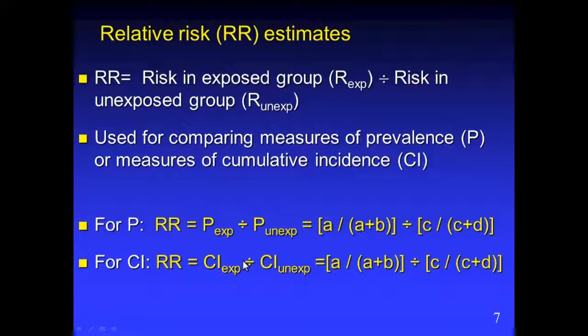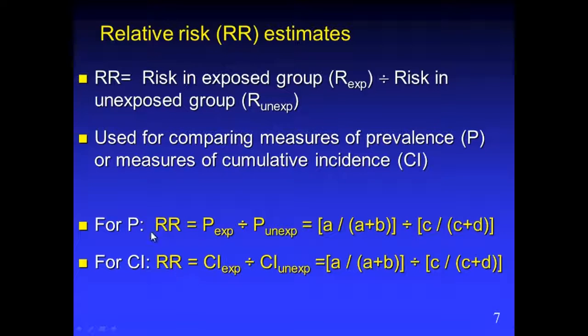Now, our relative risk estimate is usually very simple conceptually. It involves the division of the risk in the exposed group by the risk in the unexposed group, and we can use that simple measure just to illustrate the prevalence ratio.